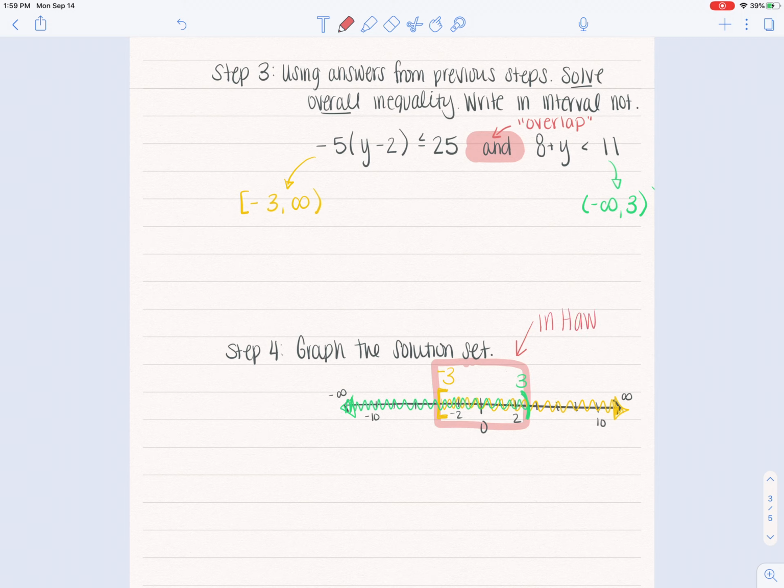You would only have the graph of negative 3 to 3. That's the only part that you would have shaded. The rest of that was just how I arrived at the answer. My interval notation would be negative 3 to 3. So those would be my two answers.